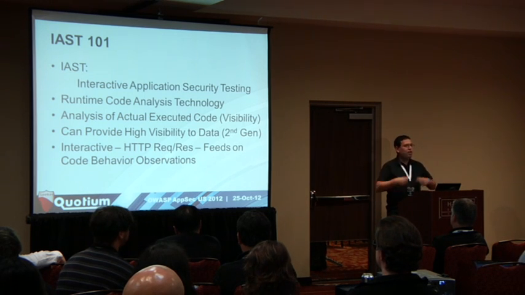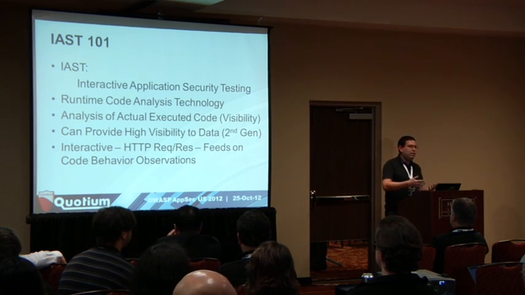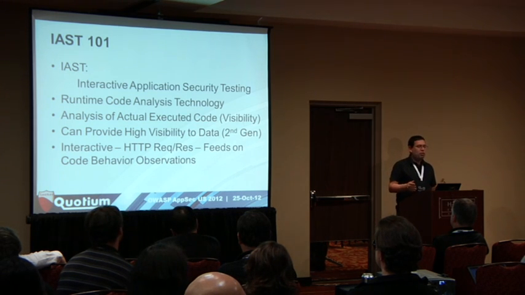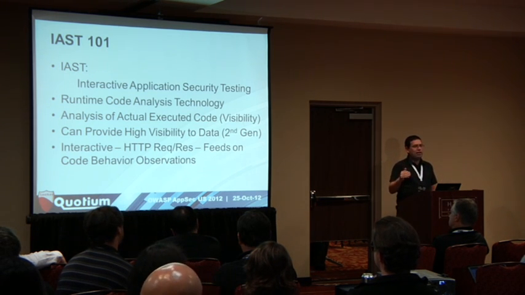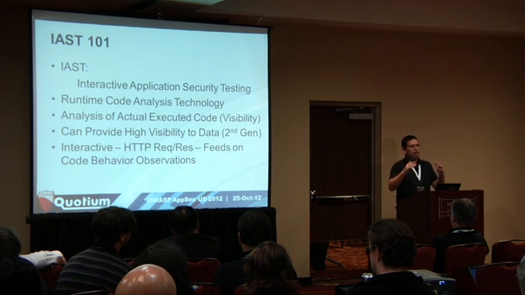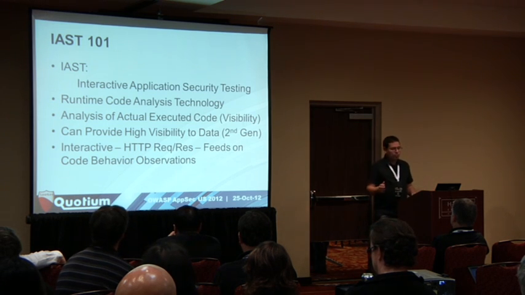We take the source code, we give it to the SAST engine, it reads it, and it tries to interpret how it would run. With runtime code analysis, we actually analyze the code in memory. So we plug into the application a little bit like a debugger, and we look at how it's running, step-by-step execution in memory. And I'll talk more about that.